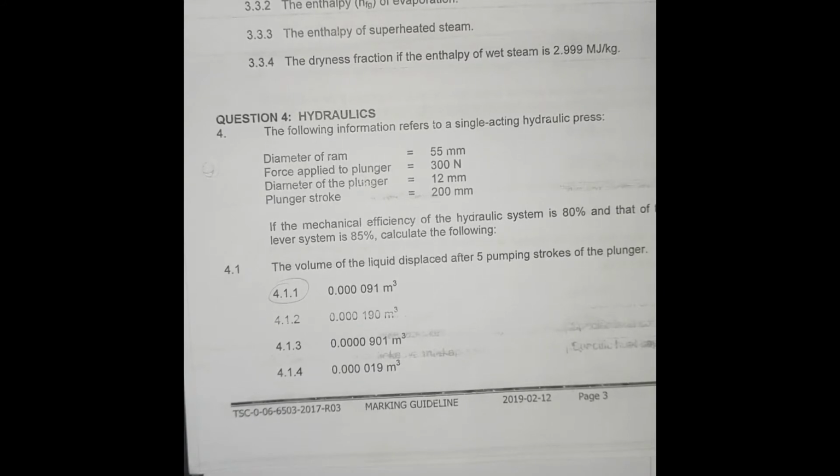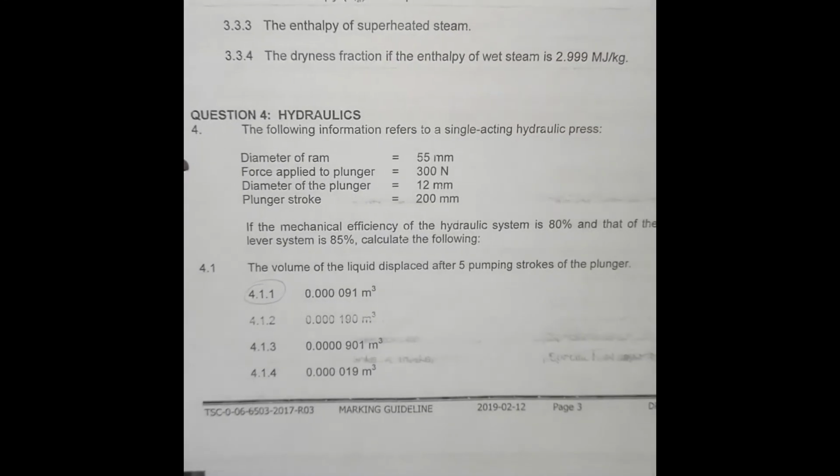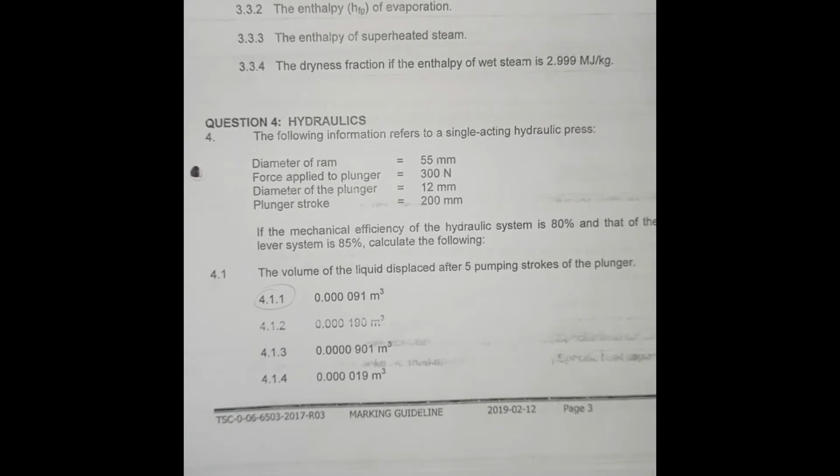So let's attempt to answer the questions. 4.1 says calculate the volume of the liquid displaced after 5 pumping strokes of the plunger.